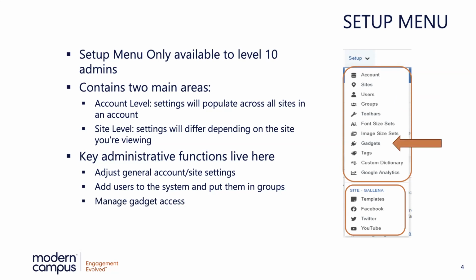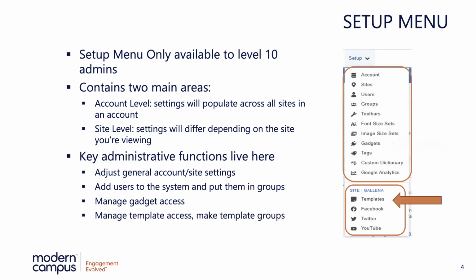We also have the ability to change some access to our mini apps within the system called gadgets. And then here within the sites, we can create template groups that you could assign to particular sections throughout your site. And we'll get to actually play around with that a little bit later today. And of course, linking our social media.